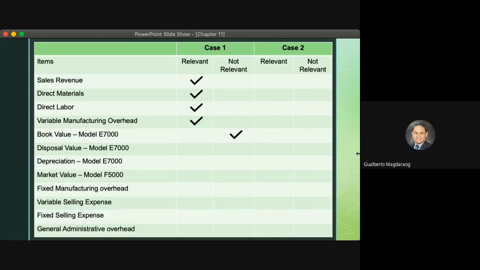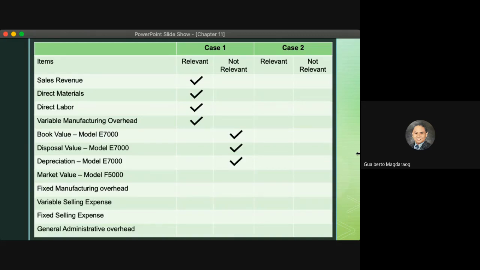Disposal value, the case did not mention that we will sell the old machine, so therefore this one is an irrelevant cost, not relevant. Depreciation of the old machine, walang sinabing ni-repair, so as is pa rin siya, therefore not relevant. Market value of the new machine.